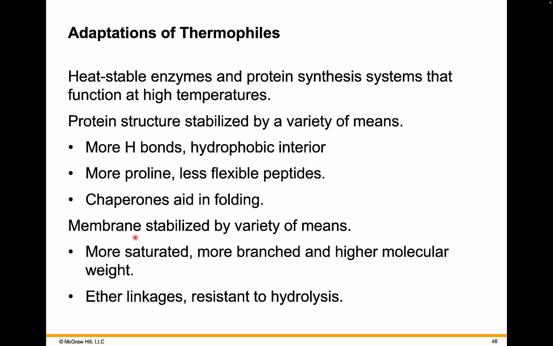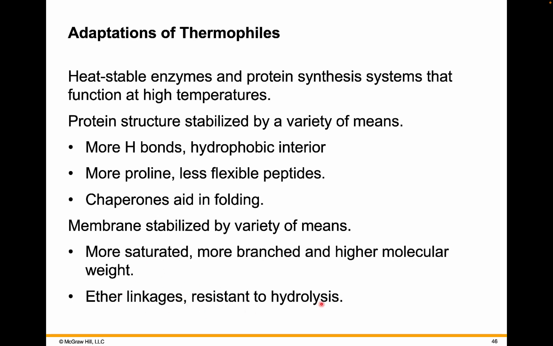On the other hand, the membranes are stabilized by a variety of means. More saturated, more branched, and higher molecular weight fatty acids are present in the plasma membrane of the bacteria and the archaea which can tolerate higher temperature.